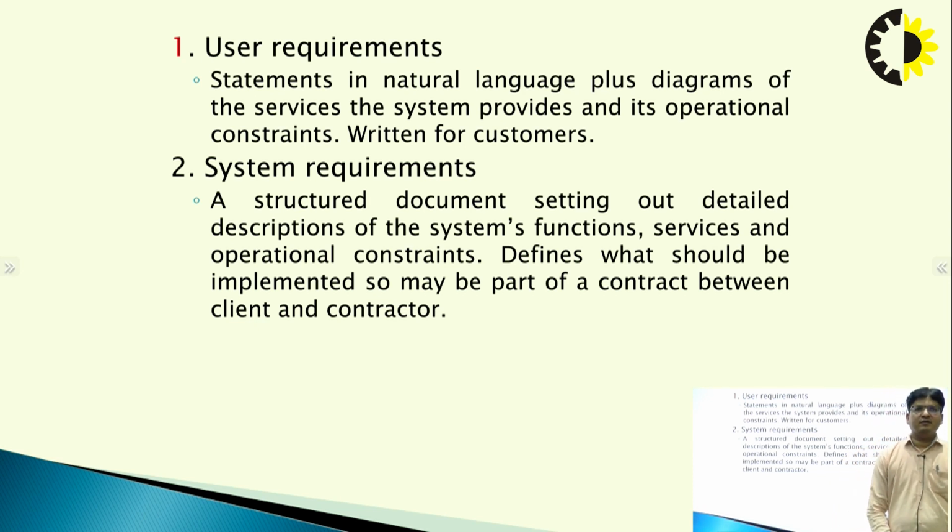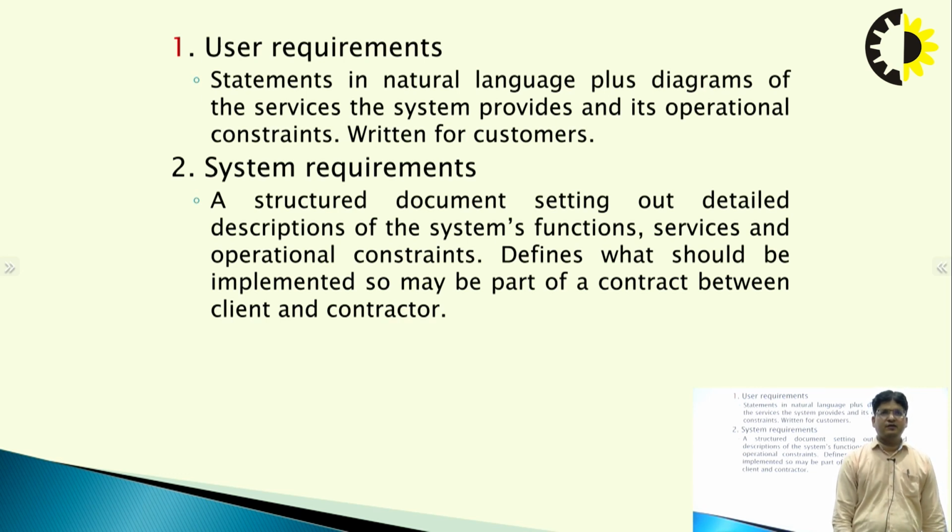User requirements are basically the requirements of the user or the customers that are written in natural language. Natural language does not mean C or C++ or Java; these are not natural languages. Natural languages are the languages that have evolved over thousands of years, the language in which we people speak.